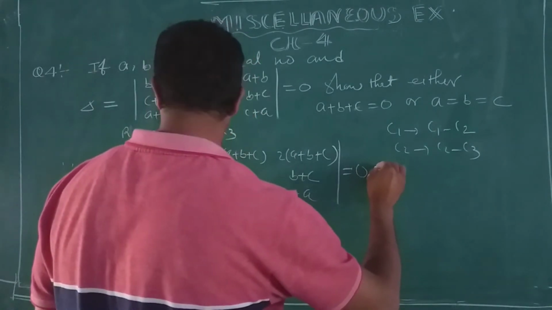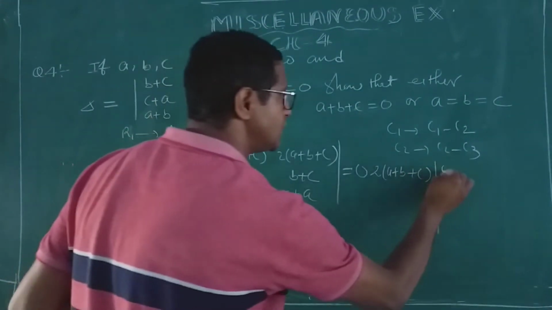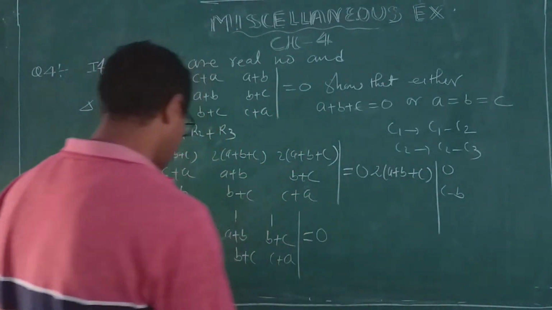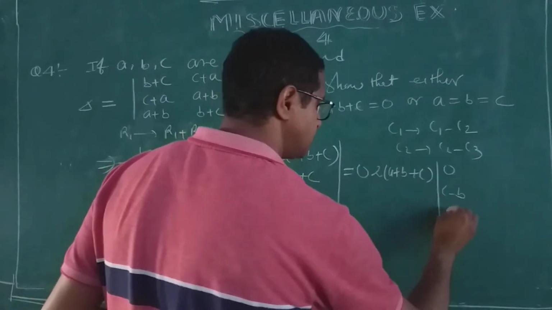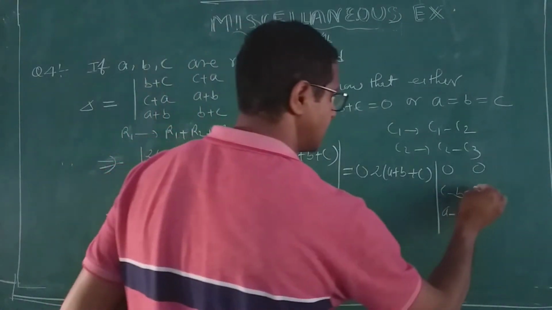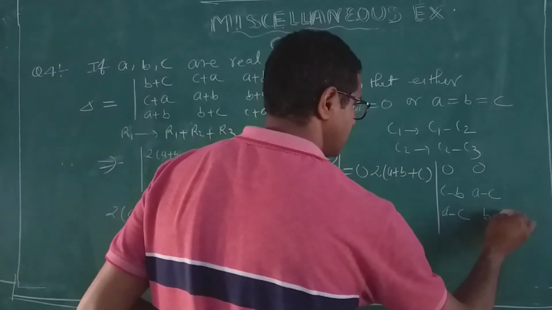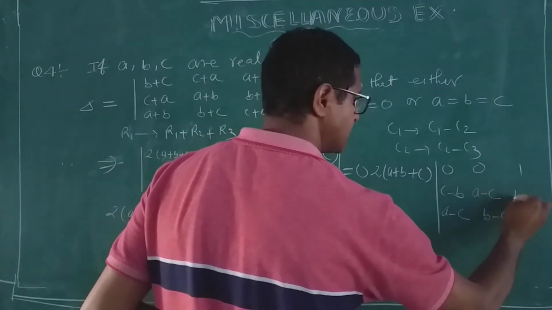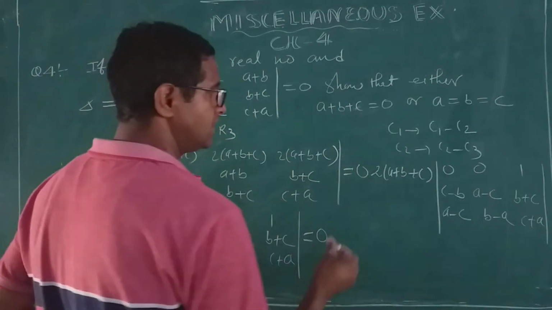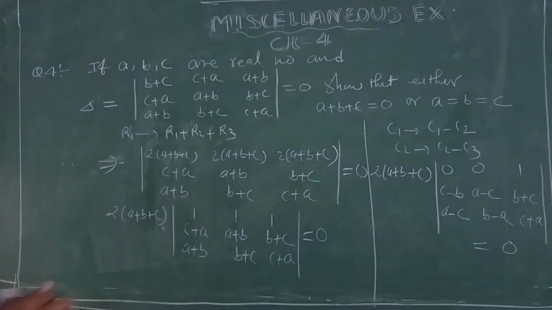After applying this operation, the new form will be twice (a plus b plus c) times: 0, 0, 1 in the first row; c plus a minus b, a cancel, c minus b; a plus b minus c, that is a minus c, 0; a plus b minus c, a minus c; b plus c minus c, c cancels, b minus a; 1, b plus c, c plus a, equal to 0. Next operation.